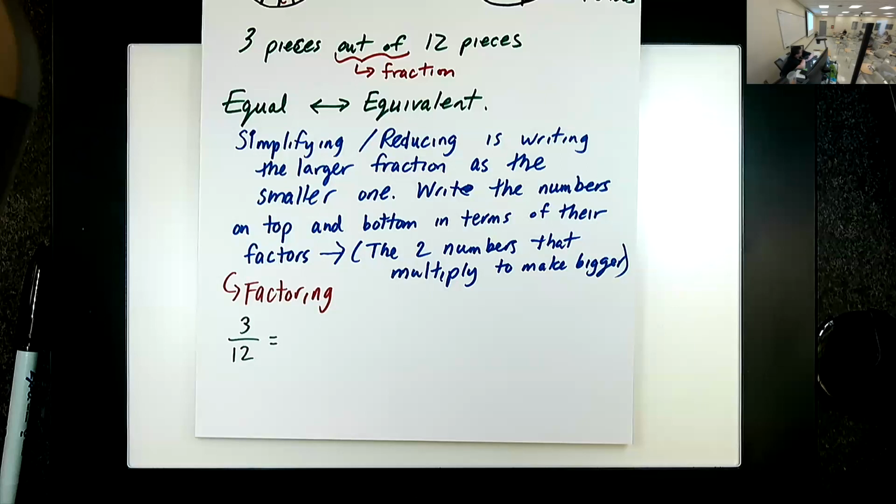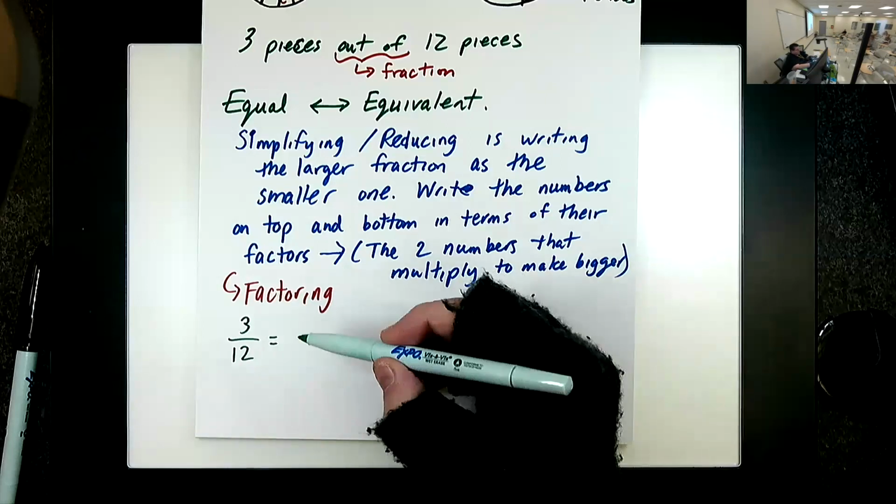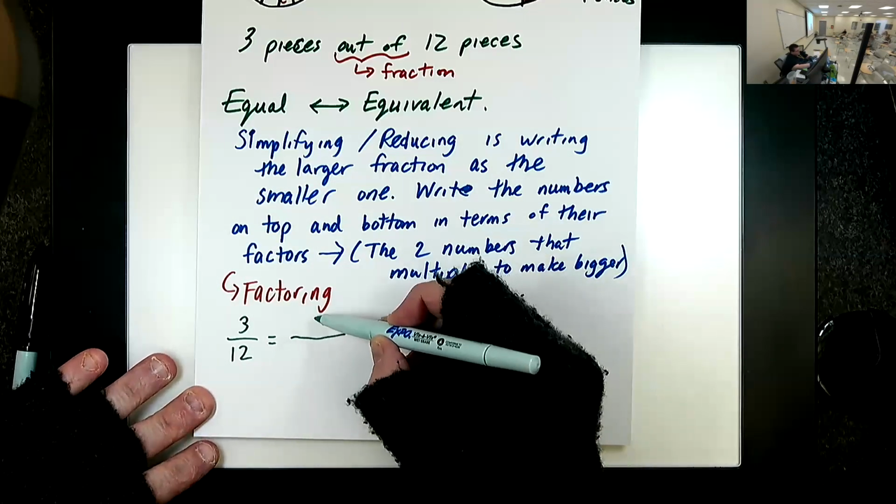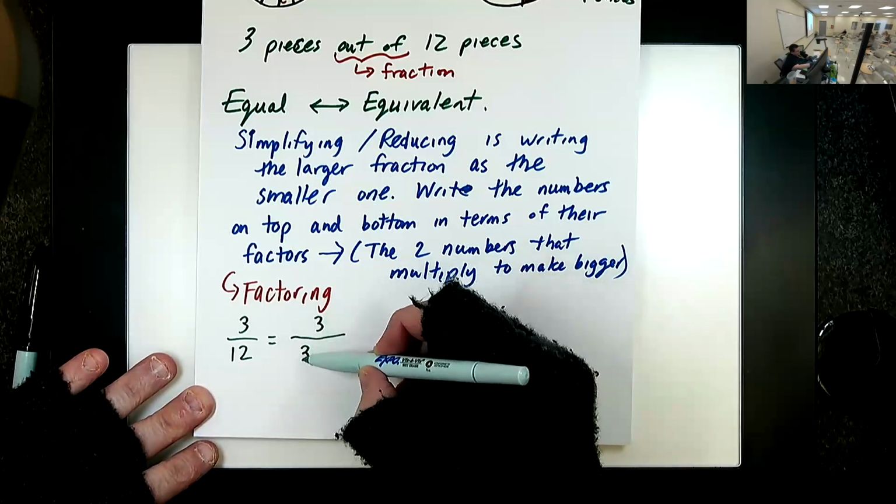Anybody? Can I write 12 as a multiplication of two smaller numbers? Or what two numbers multiply together to make 12? 3 times 4 works. I can rewrite the number on the bottom over here as 3 times 4.